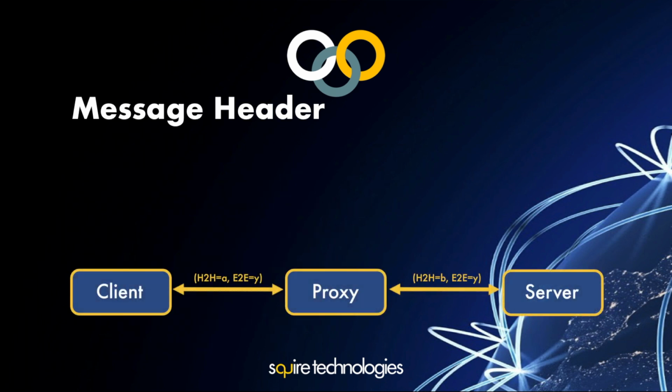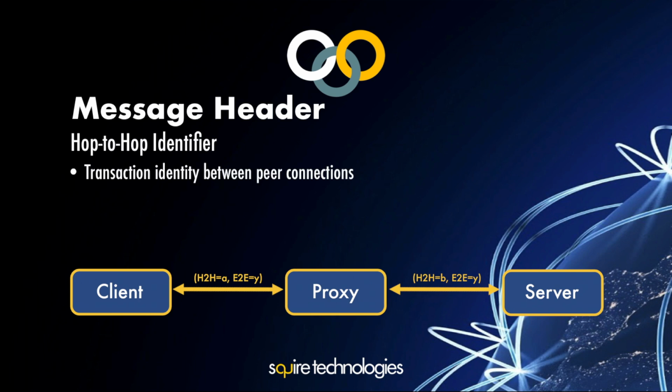Because the concept is that you have these two identifiers. The hop-to-hop identity is the identity to go between the client and the peer connections. Because in these protocols you can send many messages in, and you can get many messages back out, you have to know which answer is related to which request. So you do that with a hop-to-hop.